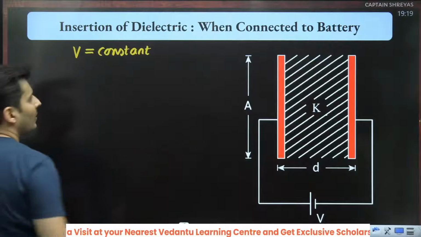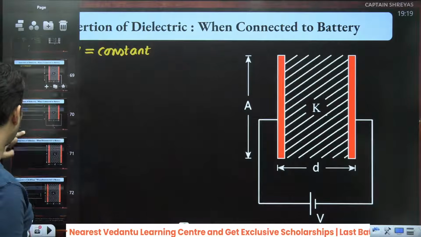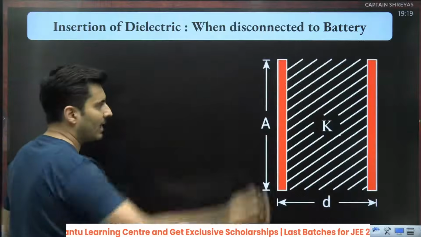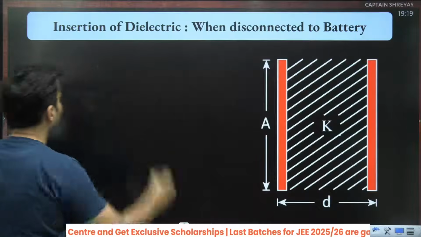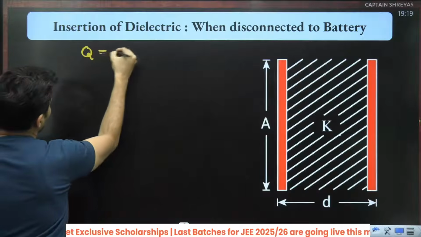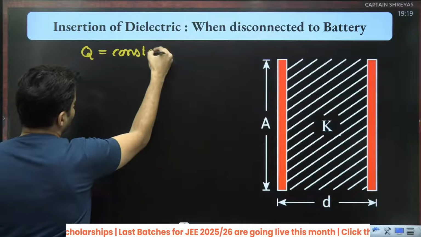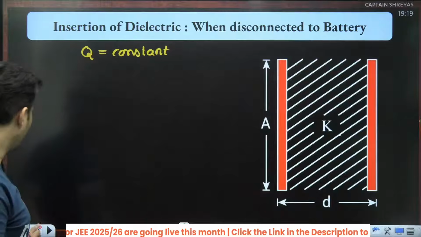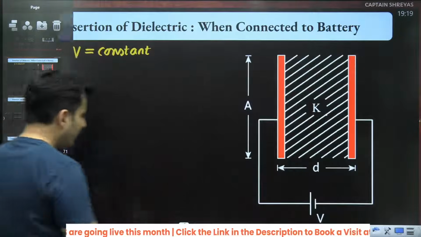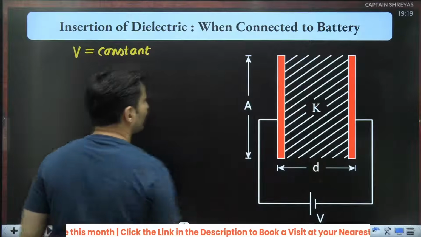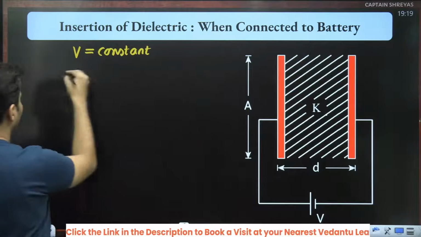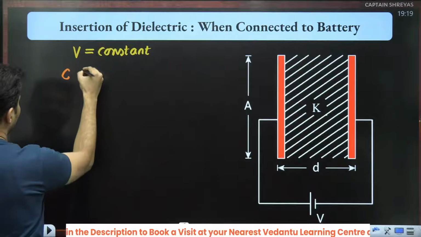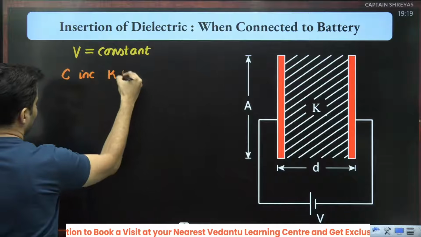Whereas if you do it without the battery and you put that slab in between, then it is the charge which remains as a constant. This is the primary argument. Now let's talk about capacitance. We know when you put the slab, then the capacitance increases k times.